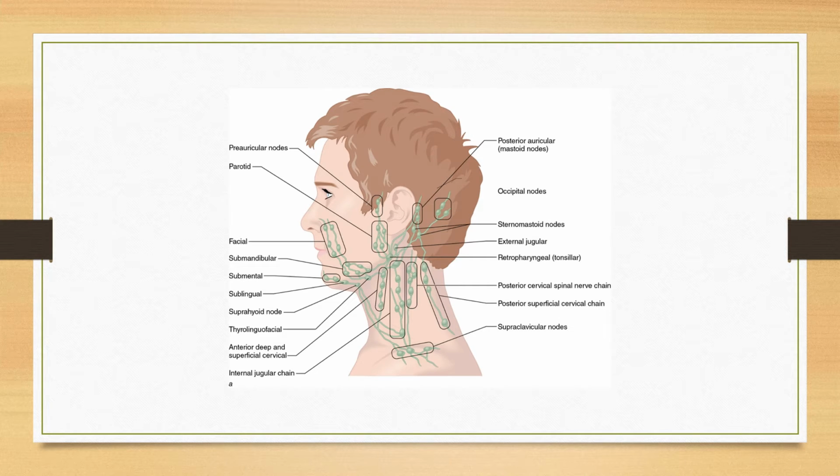These are the major lymph node chains in the head. Okay, don't worry so much about remembering them all, but just know that there's obviously lots of different chains there, and it can be predictable which lymph nodes would be swollen based on where the infection is and such as well.